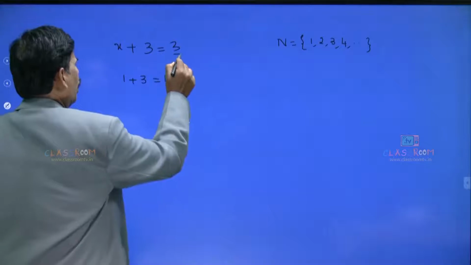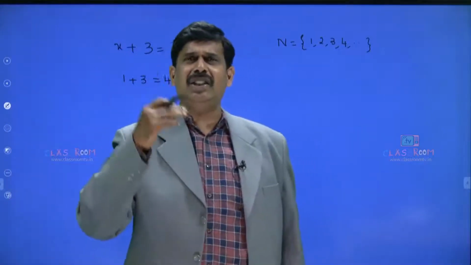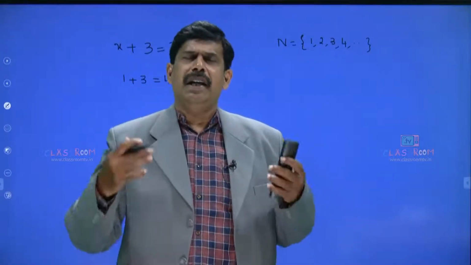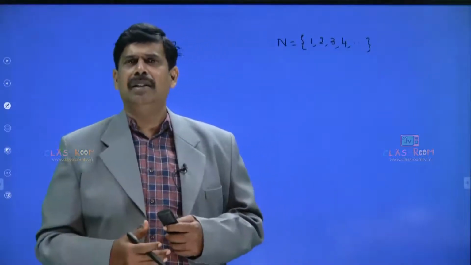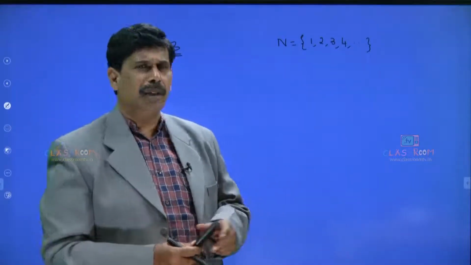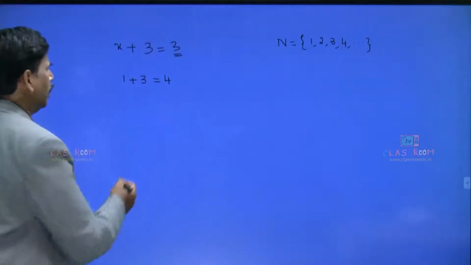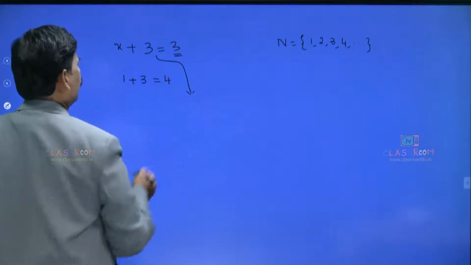But how much do we want? We want the answer to come as 3, so we need such an x value. We are not finding any number among the natural numbers, so we need another number apart from 1, 2, 3, 4. Can you guess what that number could be? The given equation is x plus 3 is equal to 3.